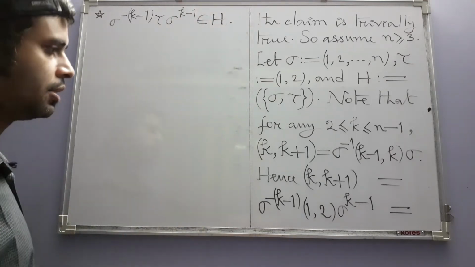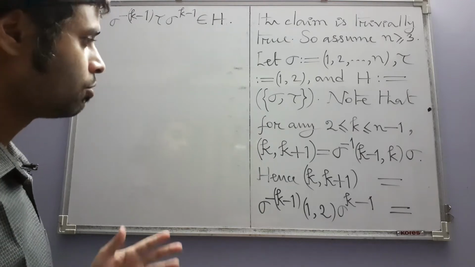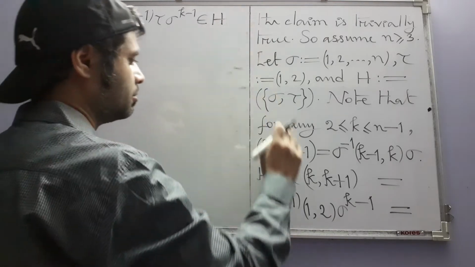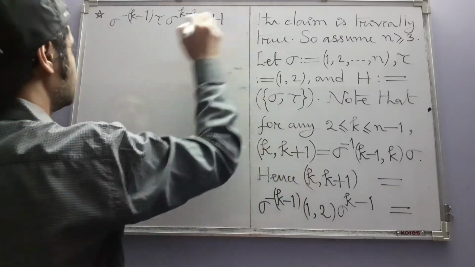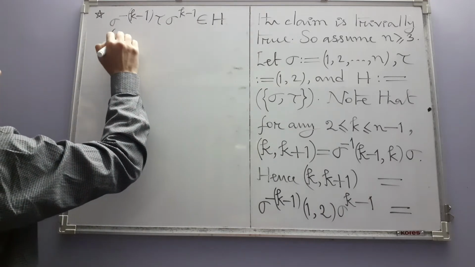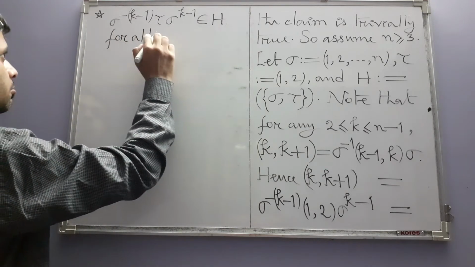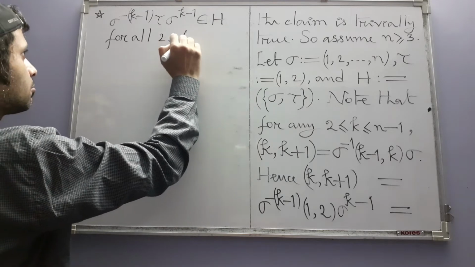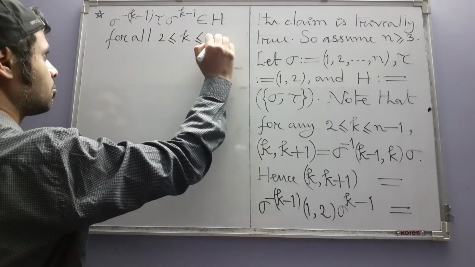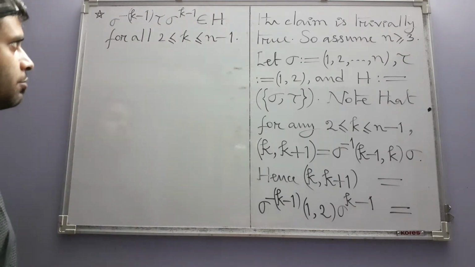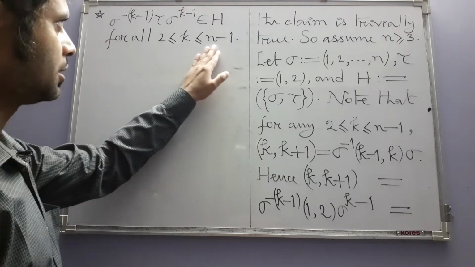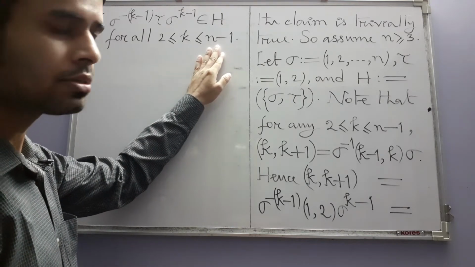Now see what we have ended up proving. Oh, we need to mention the range for k also: for all k varying from 2 all the way up to n minus 1.